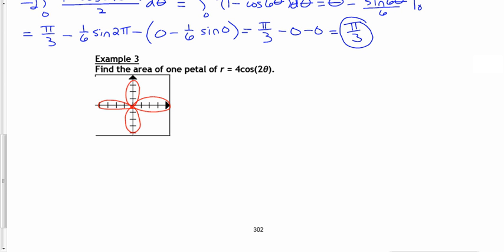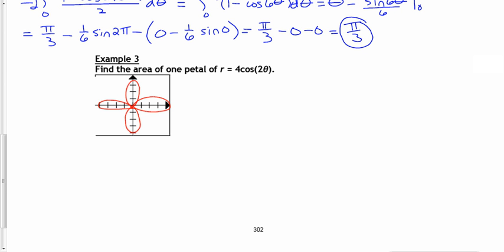Now this one's a little more tricky because of the nature of the direction of this one. In creating this, it's not as simple as just going, okay, 0 to 2 pi gives me 1 full rose, I have 4 petals, and I divide by 4. That doesn't work with this one.